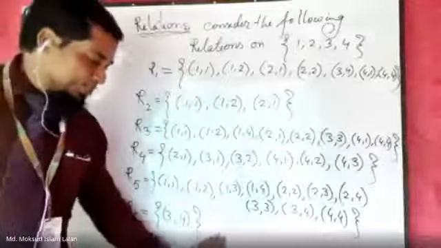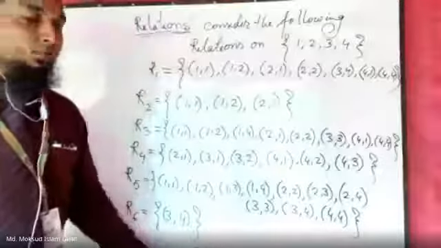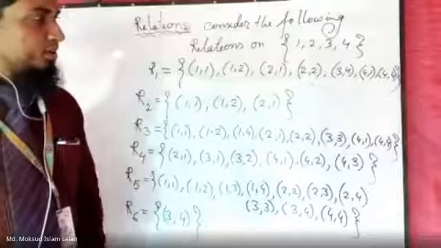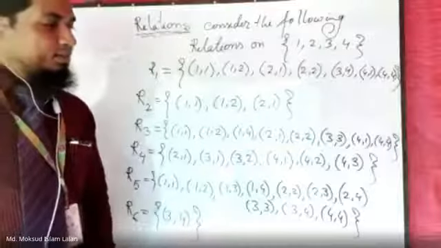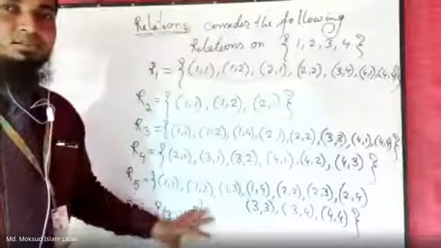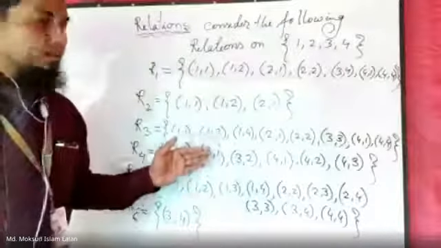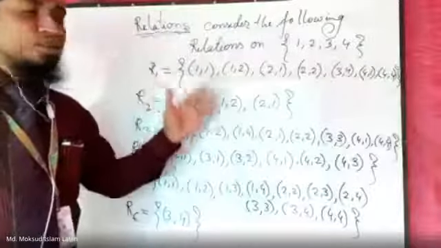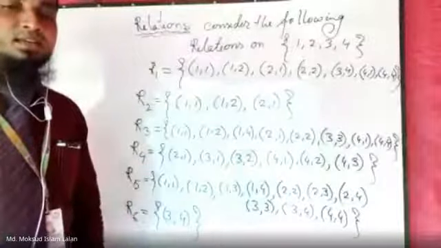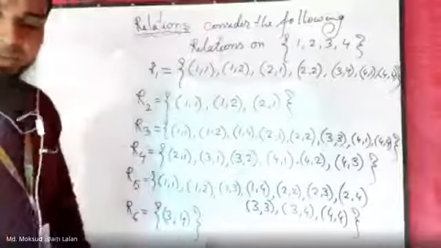Do you understand, dear students? Thank you, Tanjum and Selim Hussain. So please keep it. We are now going to determine which one is reflexive and which one is symmetric from this example. Please keep a record.